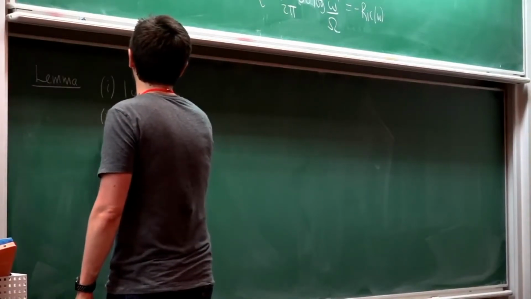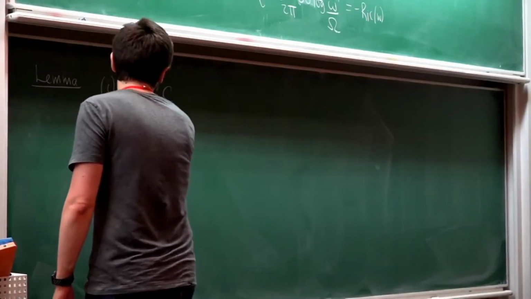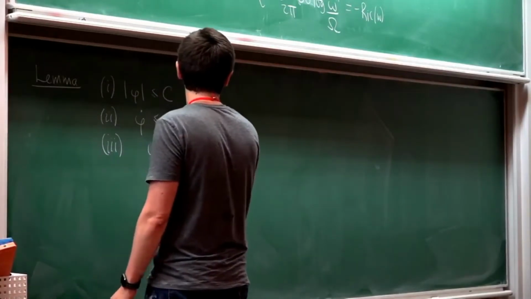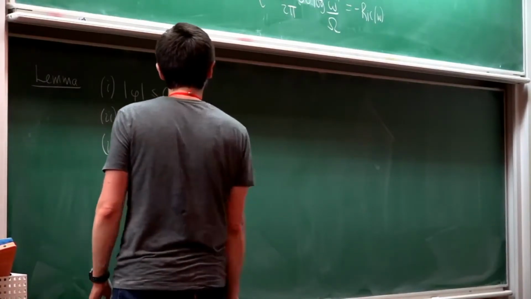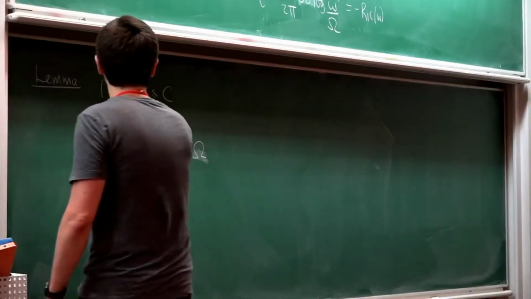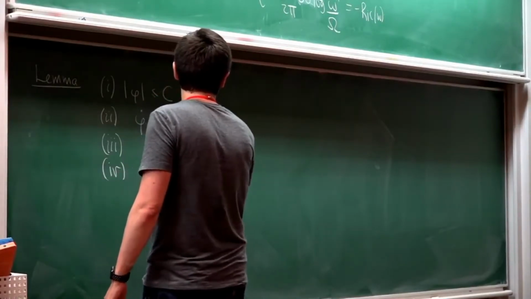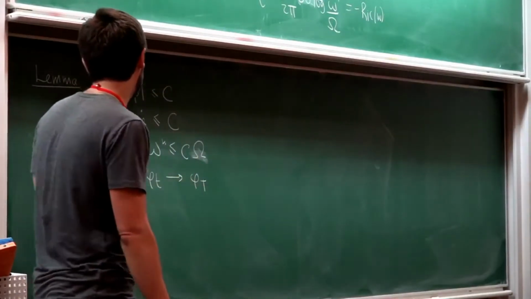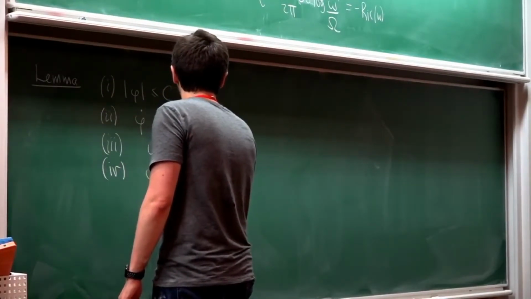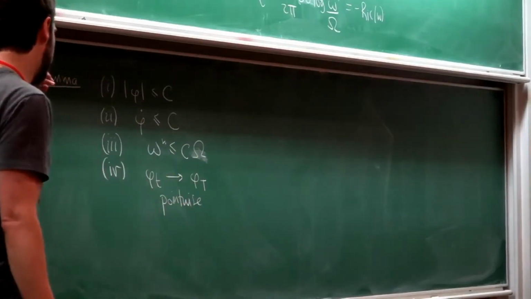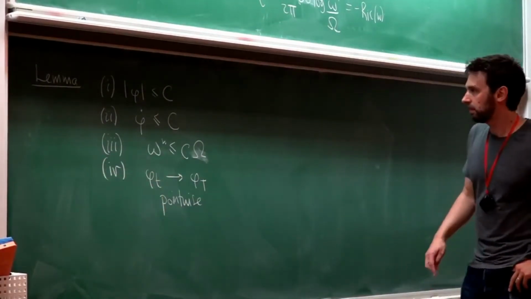The third is that the volume form along the Cayley-Ricci flow, so these are all depending on t, of course, is bounded above by some constant times omega naught to the n, or I could bound it by capital omega. It's just a fixed volume form. And then number 4 is that phi of t converges to some potential phi t pointwise. It converges to something.